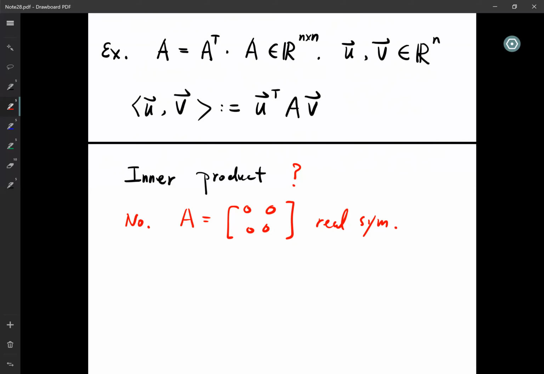But the question is whether I can impose some conditions so this indeed becomes an inner product. I'll leave it to you as an exercise to check that properties 1, 2, 3 hold.